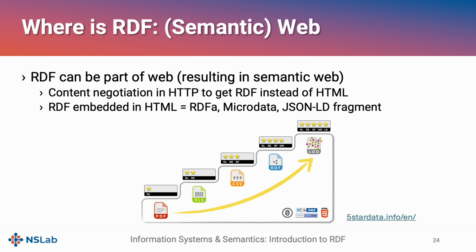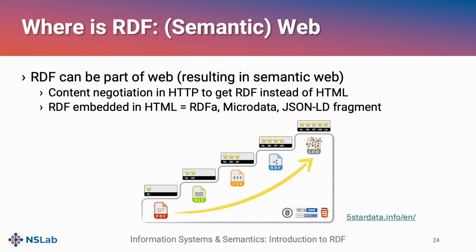The other option we've seen with RDFa is directly embedding RDF triples in HTML fragments. And this is actually a way to do 5-star open data, which is depicted in these steps. First there is PDF as 1-star data. So when you have open data, you basically get the first star.